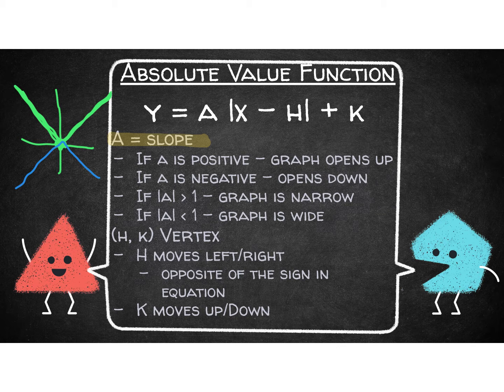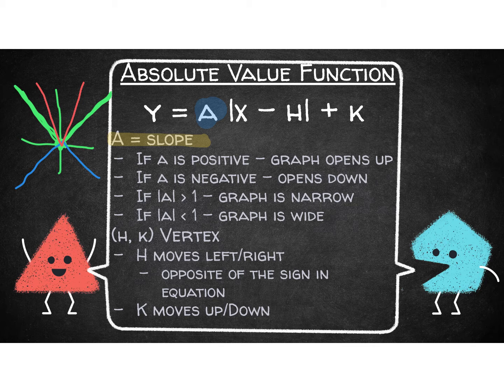If the absolute value of a is bigger than 1, so if it's a whole number, any number bigger than 1, like 2 or 4 or 5, then the graph is going to become narrow, so it'll be tall and skinny. It's going to become narrower, taller, and skinnier.